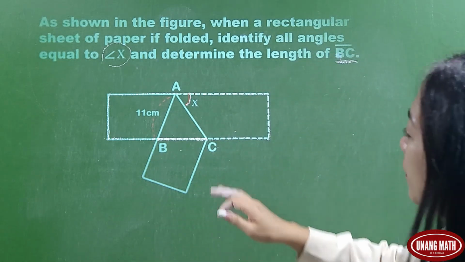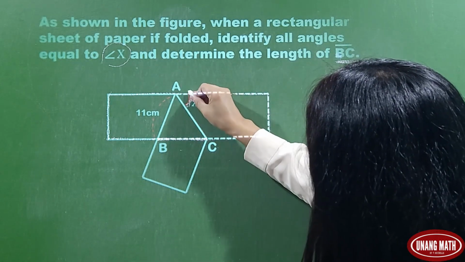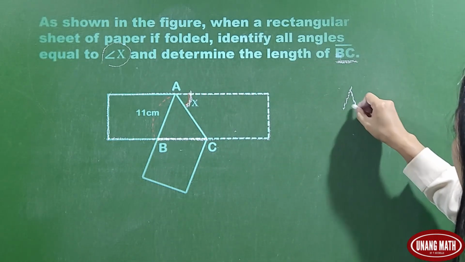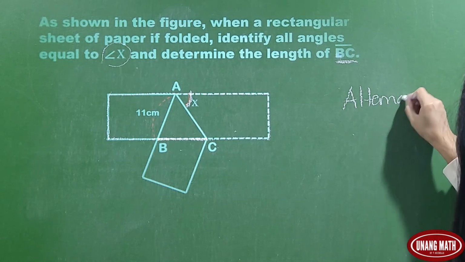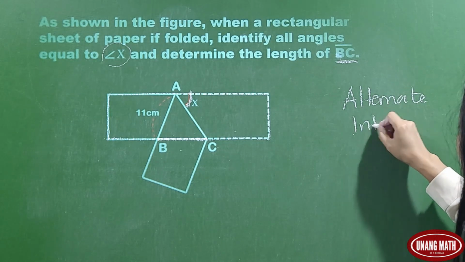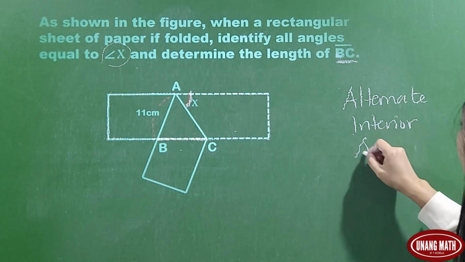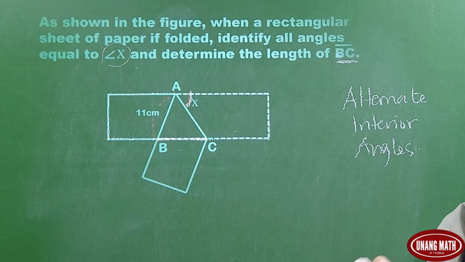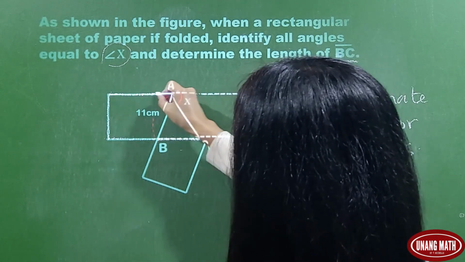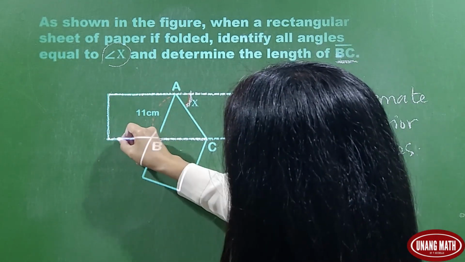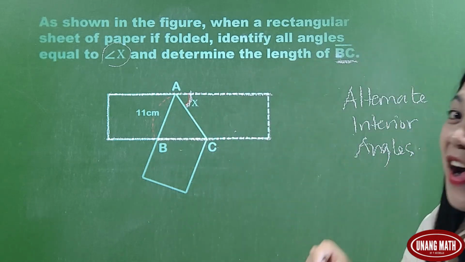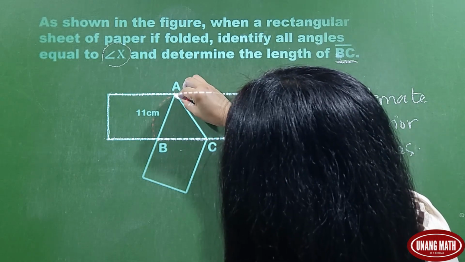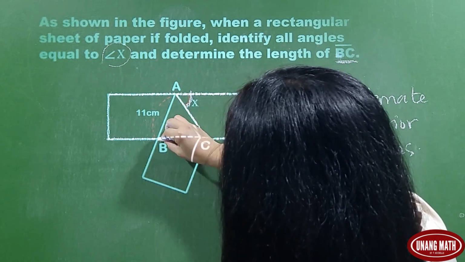First, to find the measure of this angle X, we will be using the concept of alternate interior angles. Why do we need to use the alternate interior angles concept? Because this side and this side are parallel. So we are just going to draw a Z-like figure here.